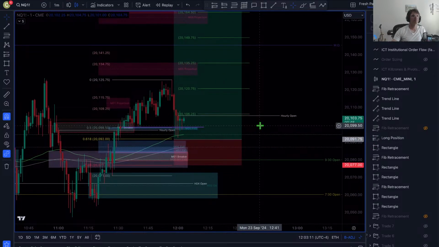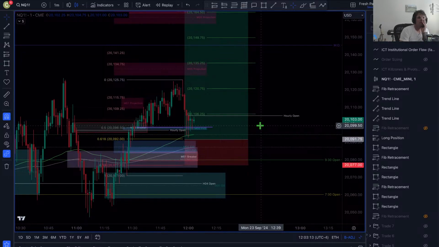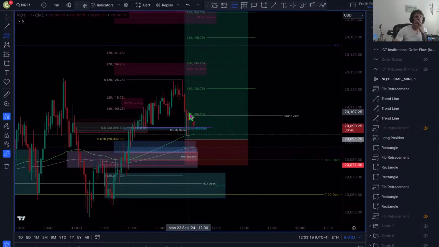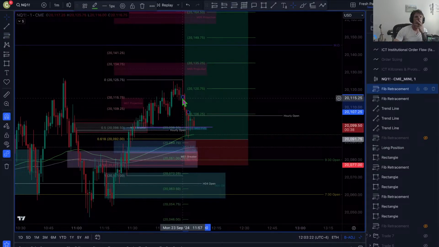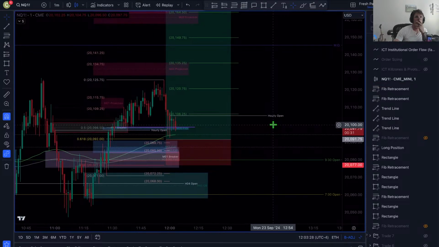Q sweep. Hit that projection right in the fair value gap there on the jump start for M1. That'll tag us in.